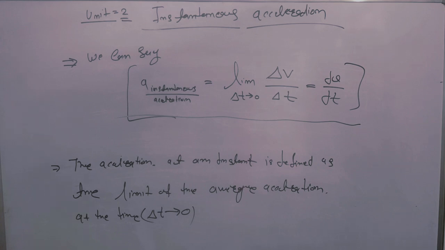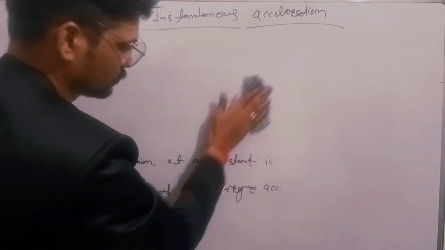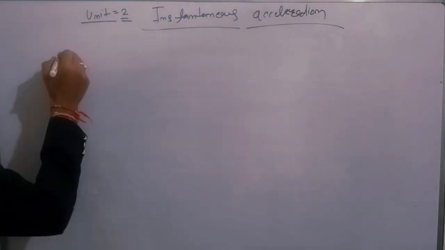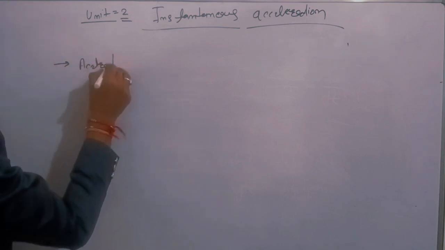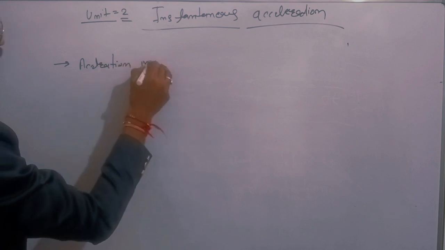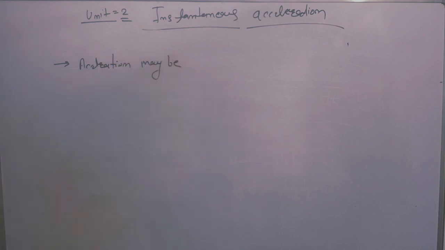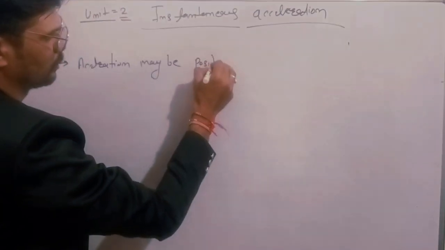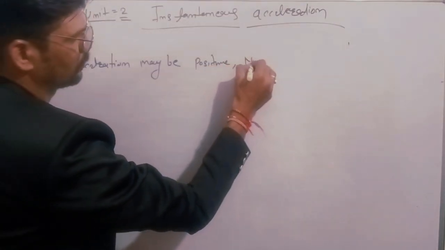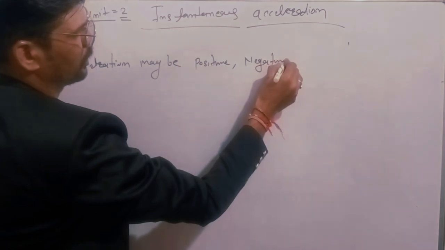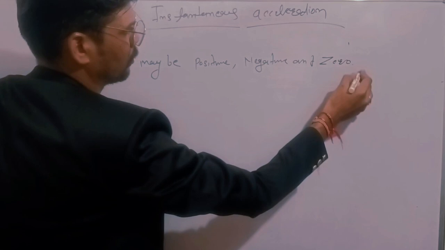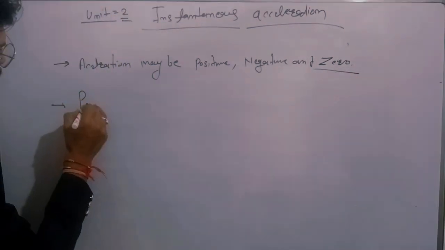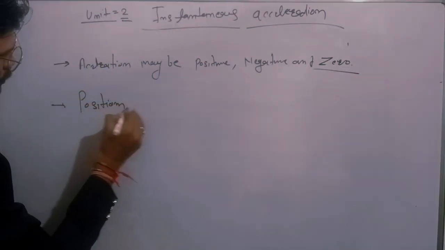So average acceleration, taking a limit, then makes the instantaneous acceleration. Acceleration may be positive, negative, and zero. Acceleration may be positive, negative, and zero.